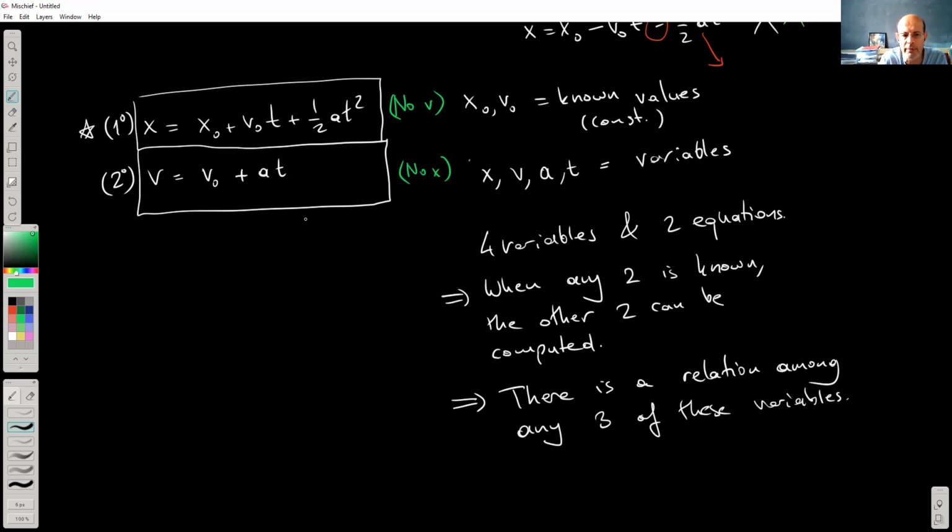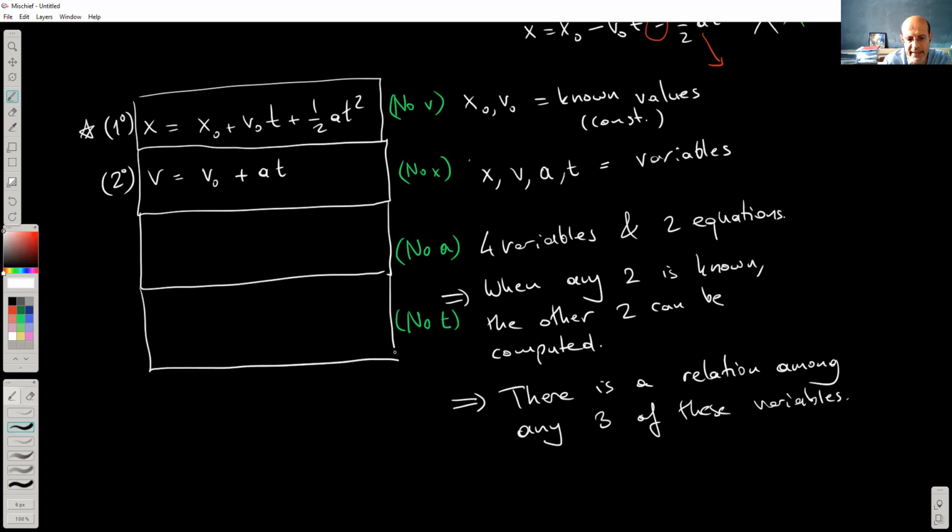And so there should be a formula where there is no acceleration in it, and another formula where there is no time in it, right? So let me put these 2 boxes in here. There are these 2 missing formulas, the third formula and the fourth formula, all right?